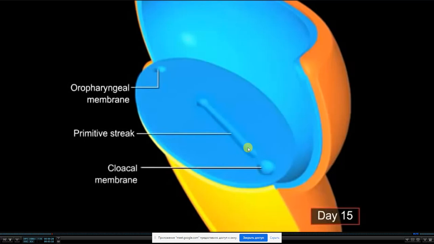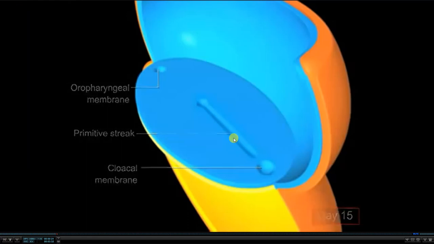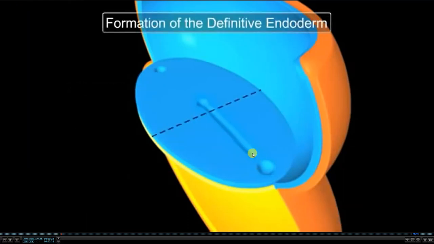And one structure which you used to forget about, and which biology teachers in school forgot to mention, is the primitive streak. The primitive streak is a little groove with a round end, which is very important to the following process known as gastrulation.